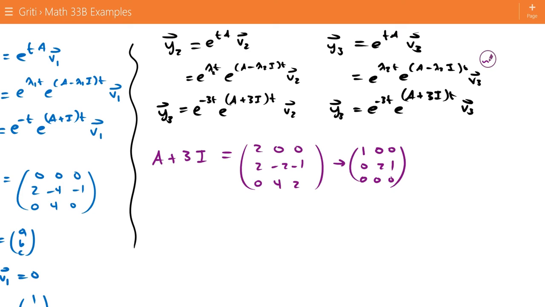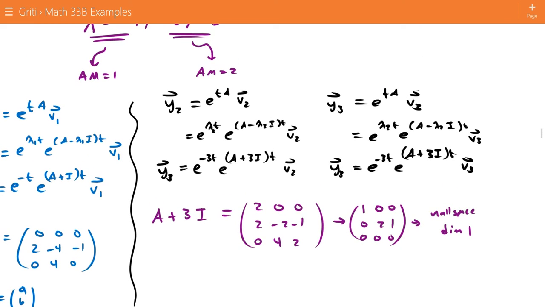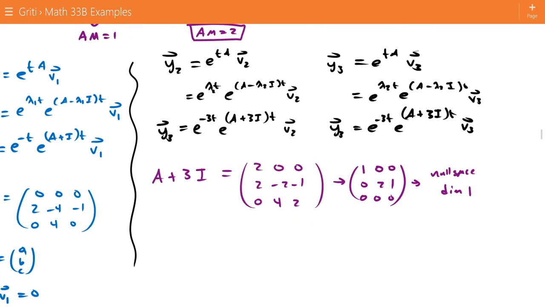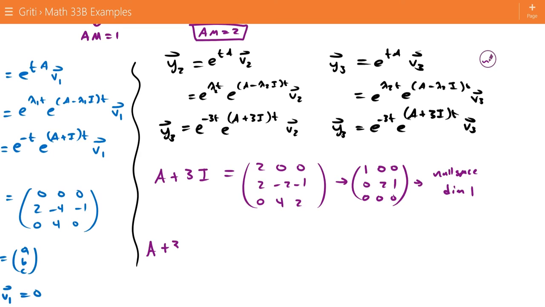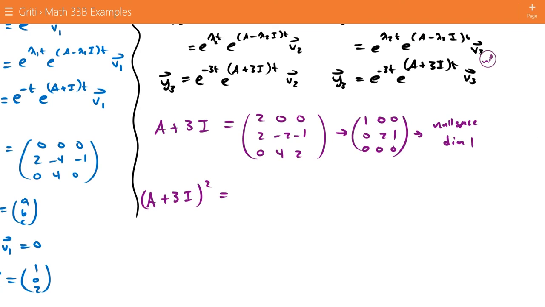So this null space will have a dimension of 1. We want to find a power of A plus 3I so the null space dimension equals our algebraic multiplicity, which is 2. So we need to find (A plus 3I) squared. That's going to equal 4, 0, 0, 0, 0, 0, and 0, 0, 0. Or, sorry, 8, 0, 0.